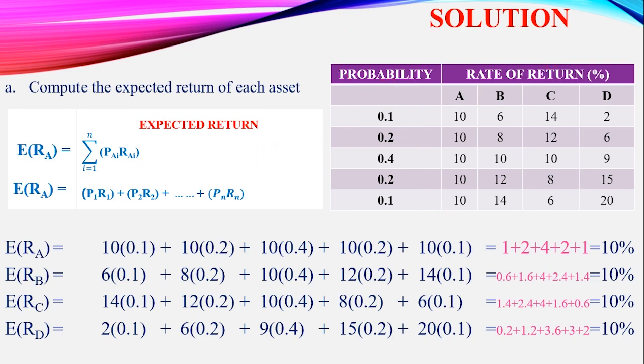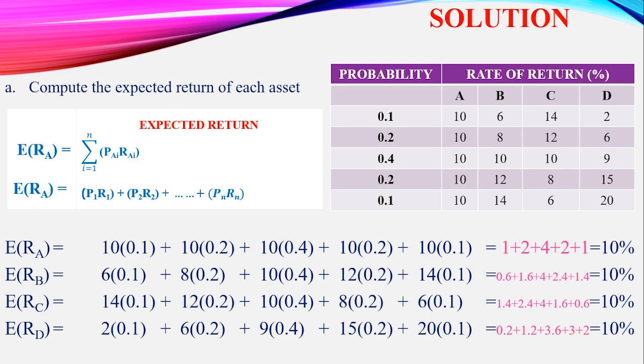Now, let's start with the first item. What is the expected return of asset A? To get the expected return of asset A, you take all the items, you multiply PAI by RAI, then you sum them together.